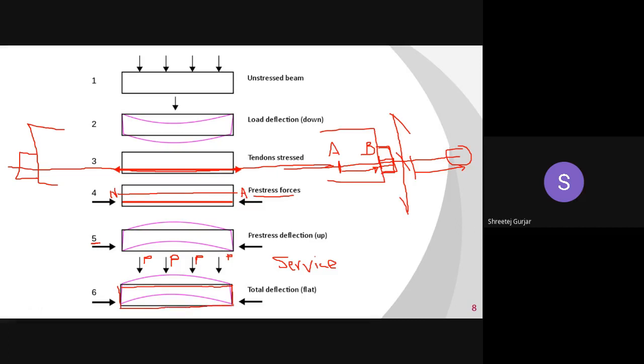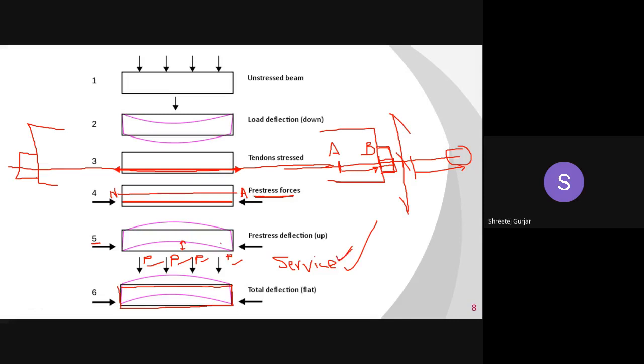So the basic concept is that we will be knowing what these forces are that are going to come during service, and according to that we will apply the pre-stress, and we will cause a certain amount of deflection. Okay, so we know the load that will come during its service. We will calculate the amount of pre-stressing force that is required to handle these service loads.